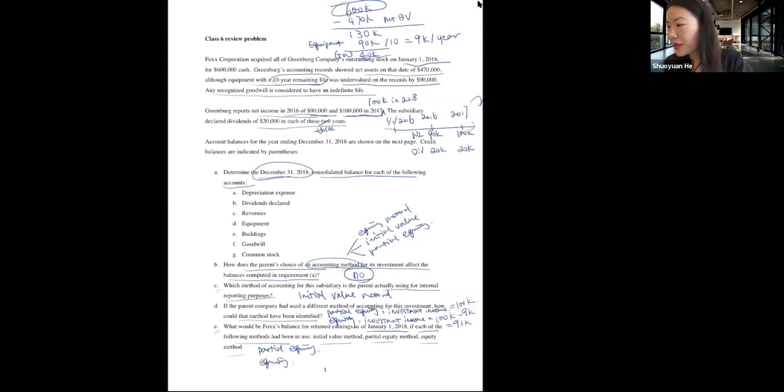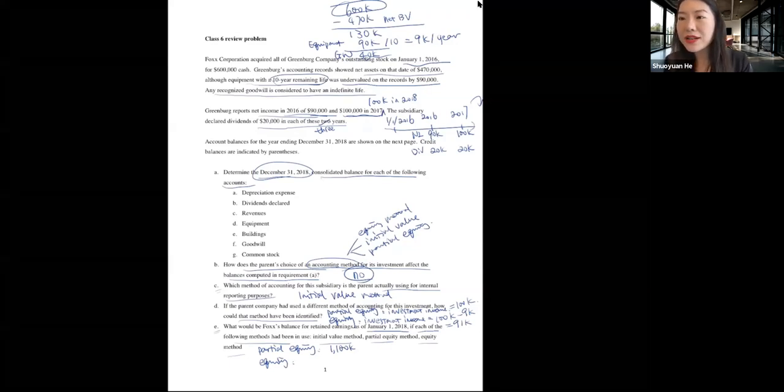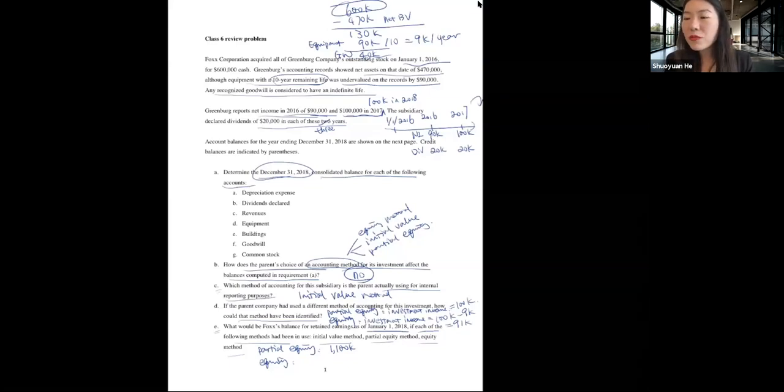Under the partial equity method, the difference between the initial value method and the partial equity method is we start from 1.1 million, which is retained earnings under the initial value method. And then under the partial equity method, we don't recognize dividend as income. So all of the previous dividends, which go into the retained earnings under the initial value method, we need to take out.